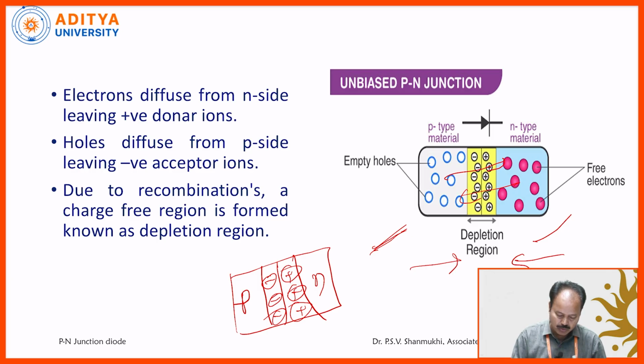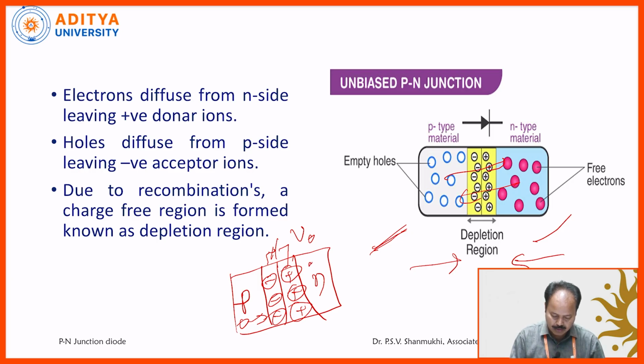In between these two, a voltage is developed. This voltage is called barrier voltage or built-in voltage, say V0. It opposes the further flow of the carriers. From the p side, the holes trying to diffuse into the n region are repelled by the positive donor ions from the n side.